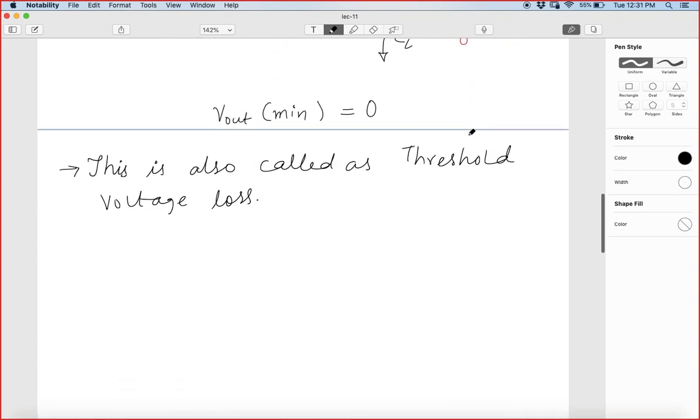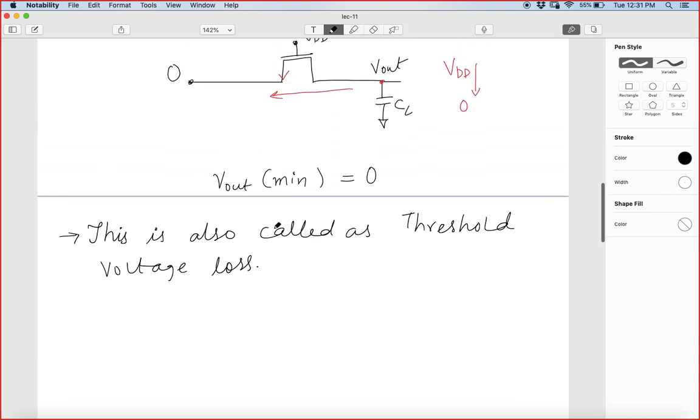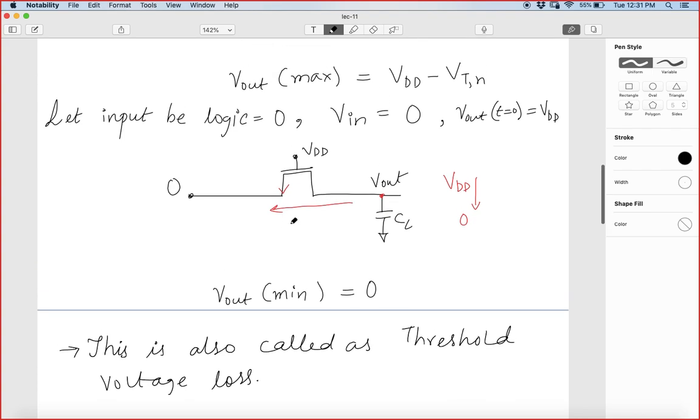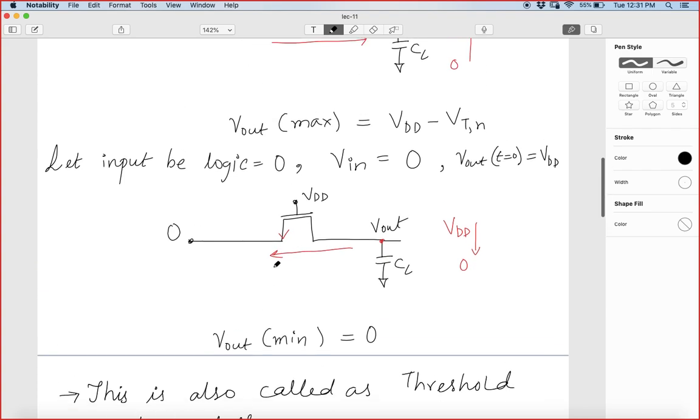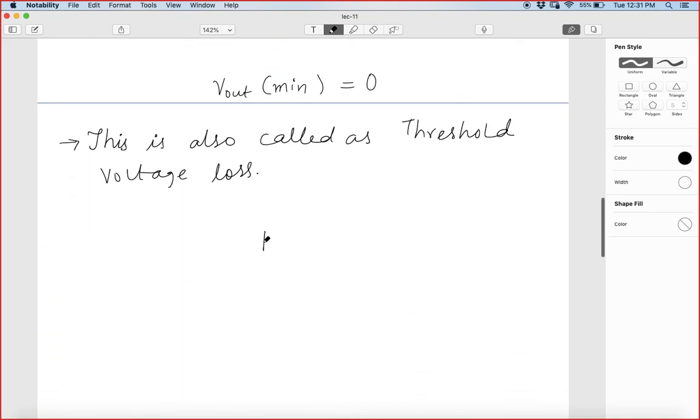Similarly, if I use a PMOS device, the opposite happens. Can someone tell what will happen in case of PMOS? Suppose I have a PMOS here, with V in and V out.